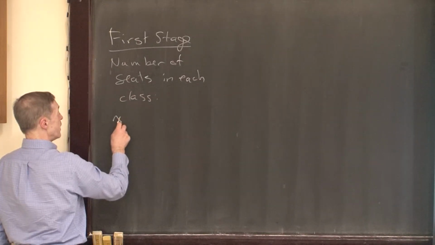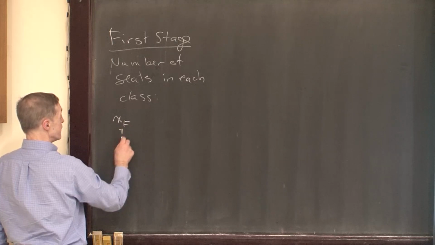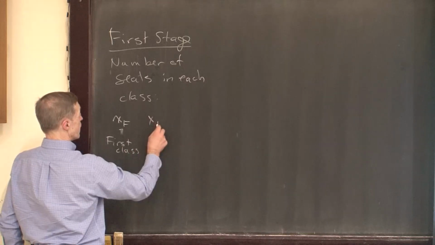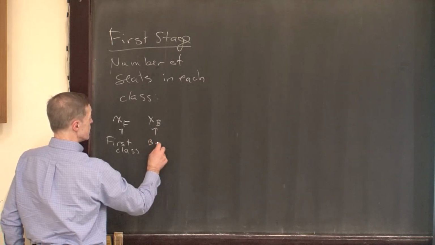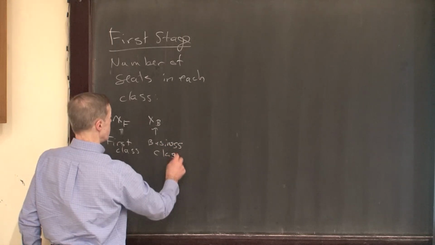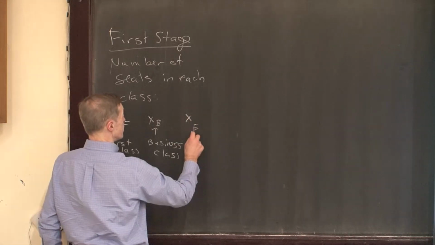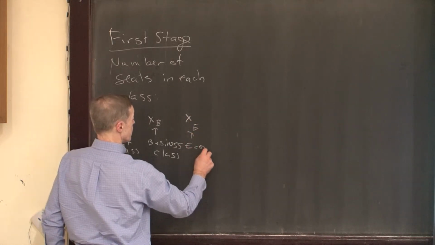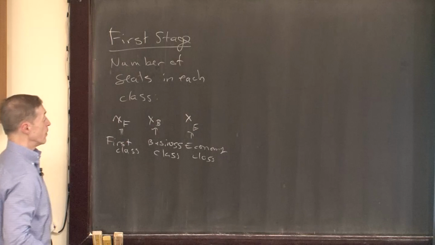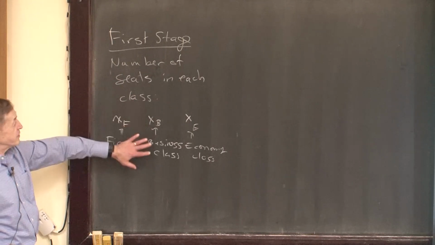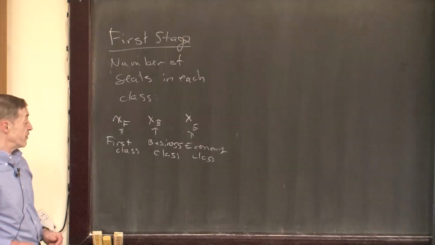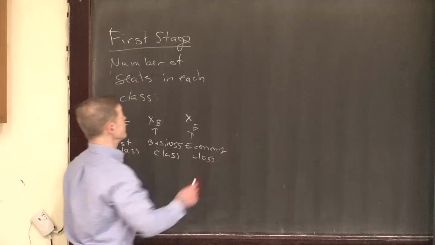We might have XF for first class, XB for business class, and XE for economy class. So the first stage decision is how much I am going to put into each of these different areas.